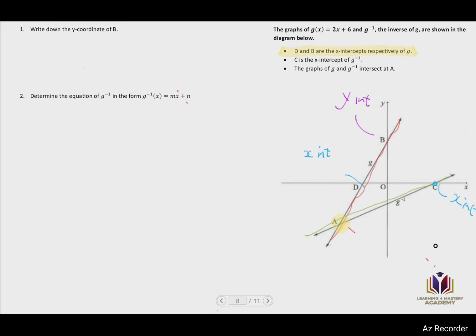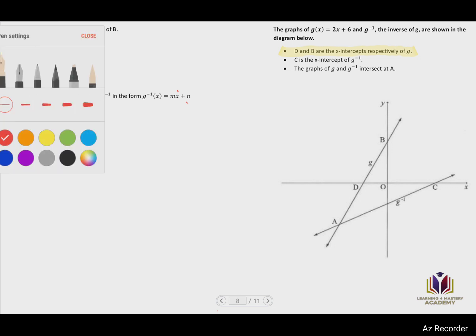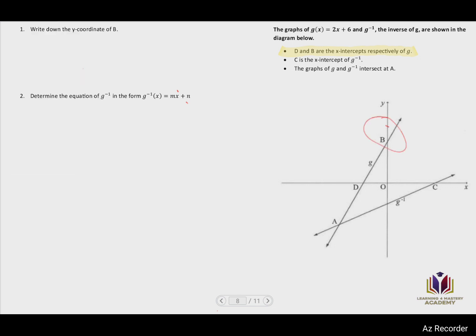Right, then let's read the first question. The first question says write down the y coordinate of B. The y coordinate of B is basically the y-intercept, because B is the y-intercept. So the y coordinate would be the y value of the y-intercept.